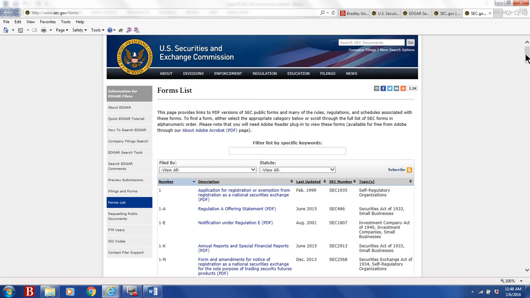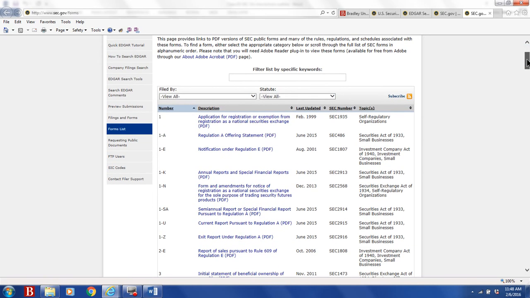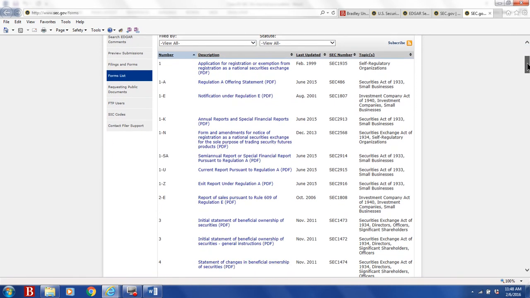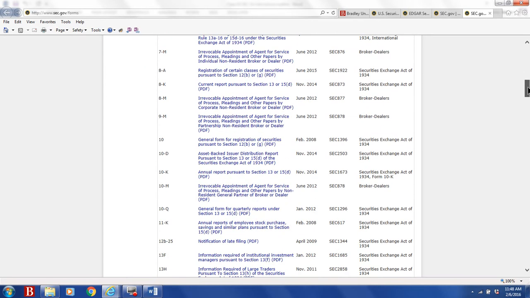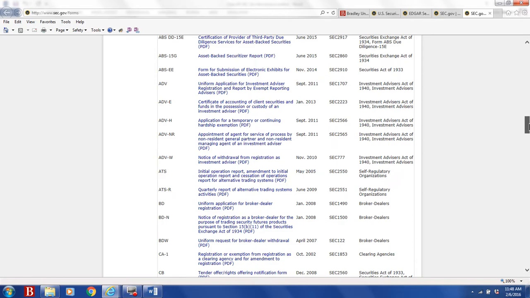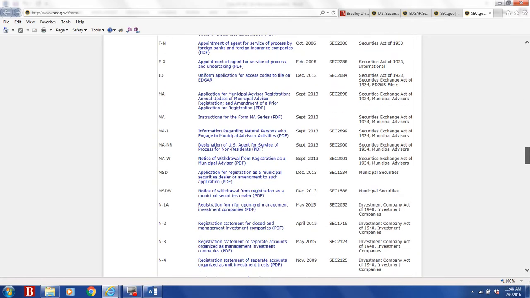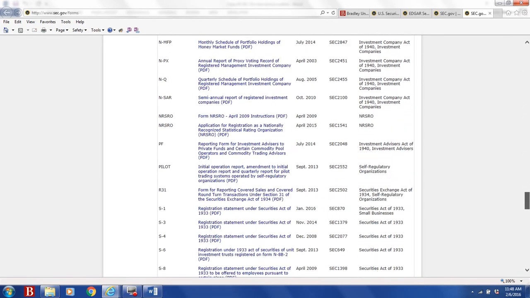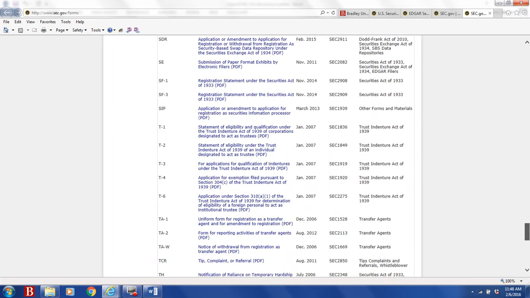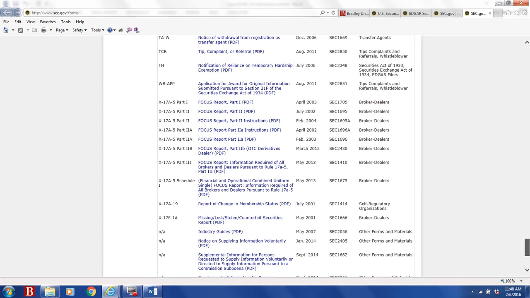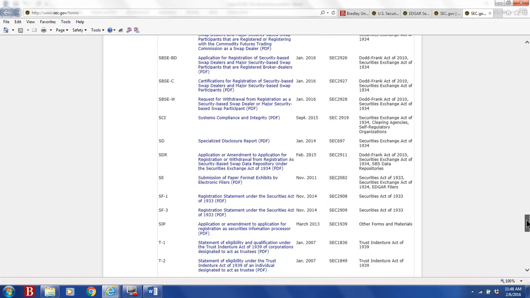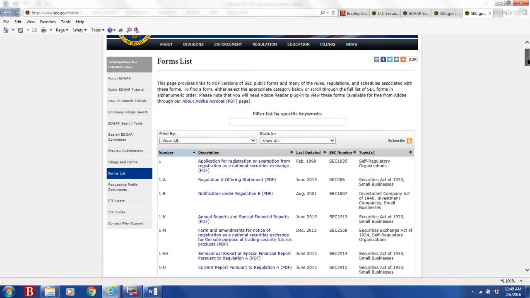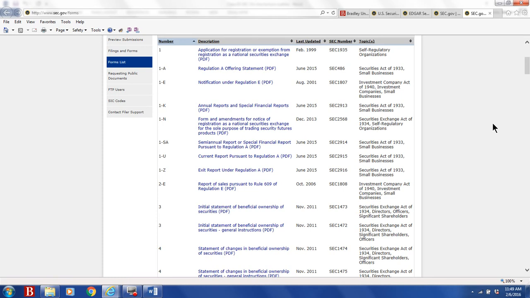When you click on the forms link, notice that the page is quite long. It starts with numbers, continues with letters, continues with more letters. So there are a multitude of documents that organizations use to provide information to the SEC and the public.